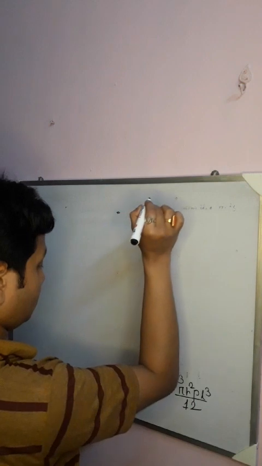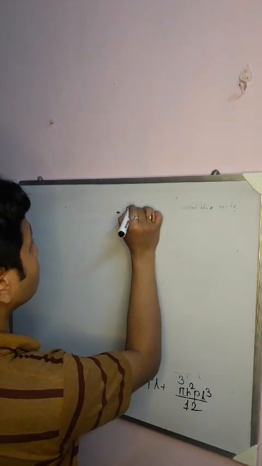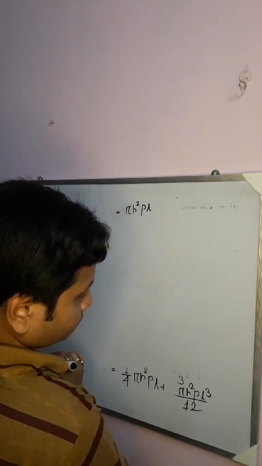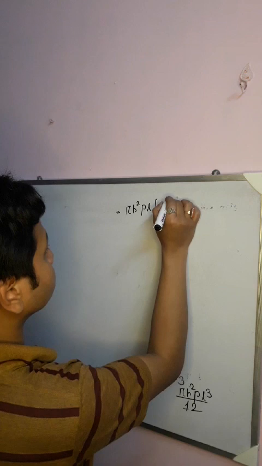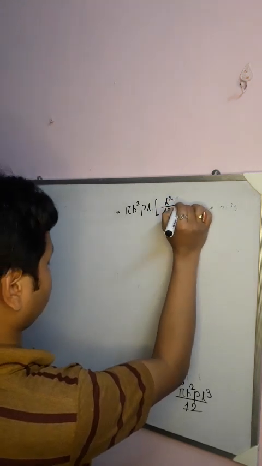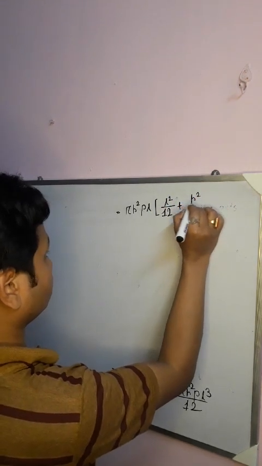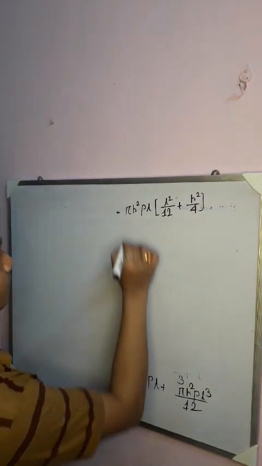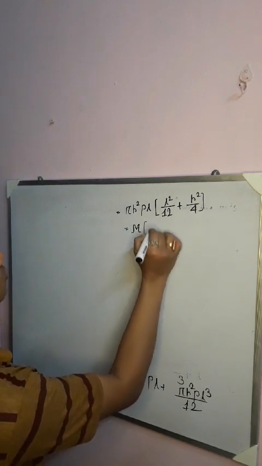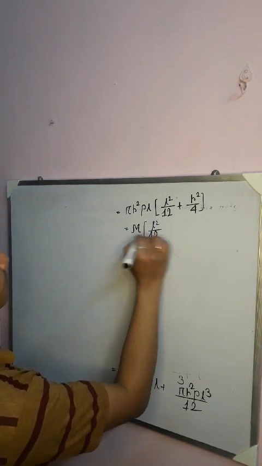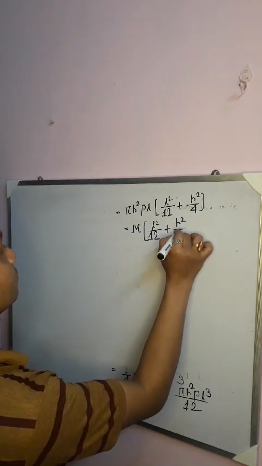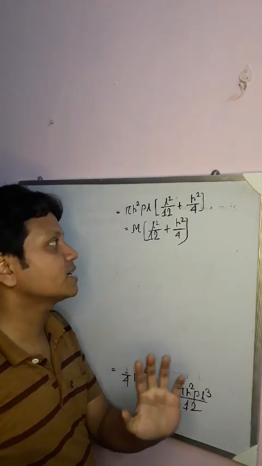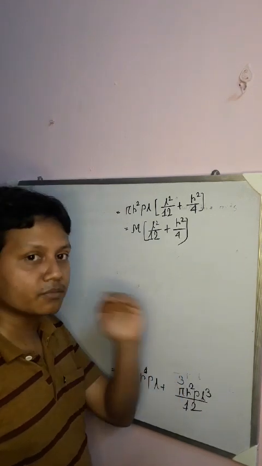So the result will be M by 12 L square, that is, m into (L square by 12 plus r square by 4). So this is the moment of inertia of a solid cylinder about an axis passing through the center of gravity and perpendicular to the length.